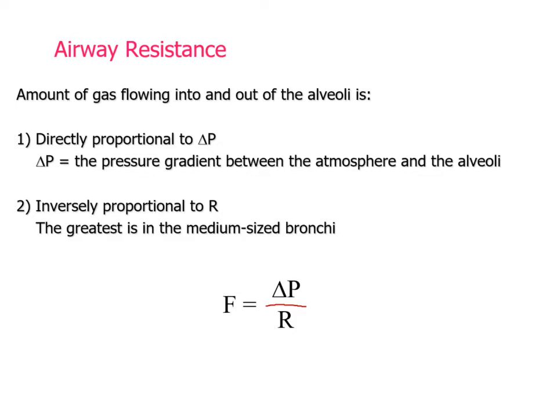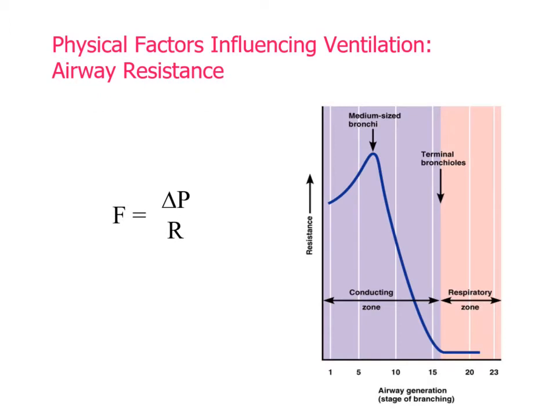And the key factor is the diameter, the total cross-sectional area, of the bronchi, and the greatest resistance to flow typically is in the medium-sized bronchi within the respiratory system. Here you see this relationship, the medium-sized bronchi showing the highest level of resistance.